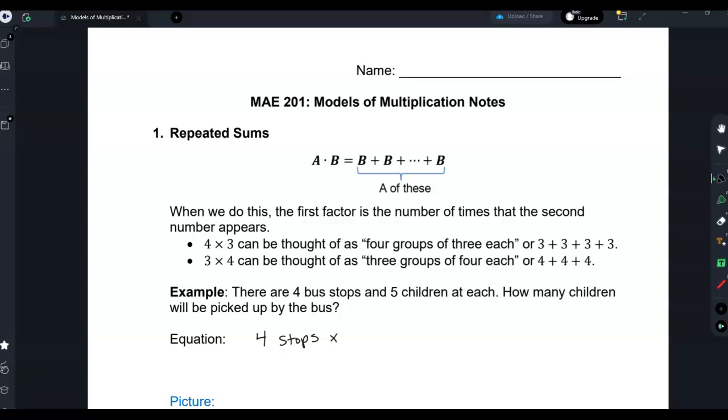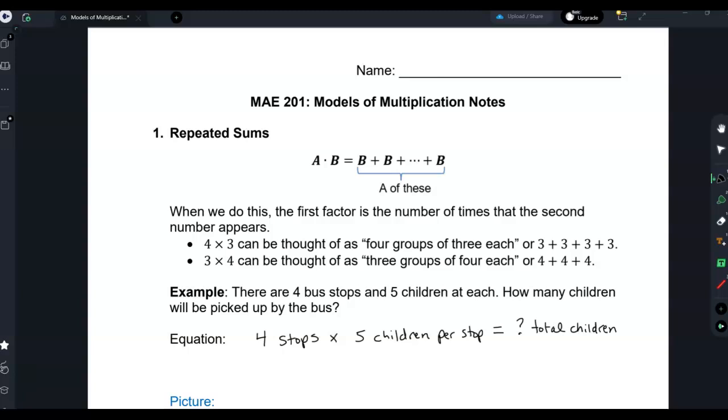So I wouldn't just say 5 children, I would say 5 children per stop. And then since this is a setup equation, I'm not actually going to solve it yet. I'm just going to use a question mark for what I'm trying to find, which is how many children will be picked up by the bus, or in other words, how many total children there are going to be.